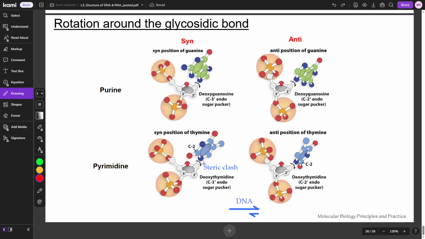I guess that's the main reason that we have to worry about syn and anti. For purines, it doesn't really matter necessarily. I think they can technically be both syn and anti, if I'm not mistaken.